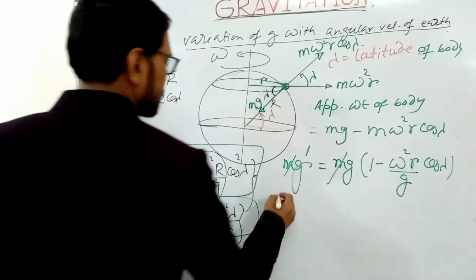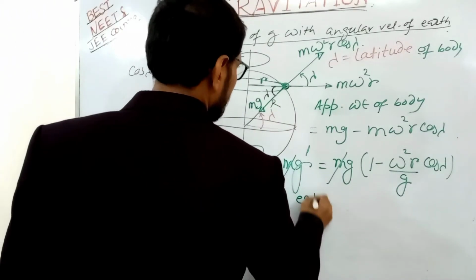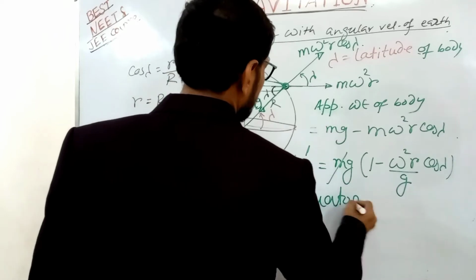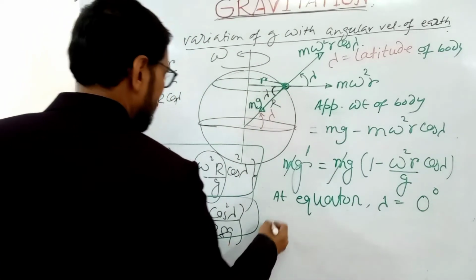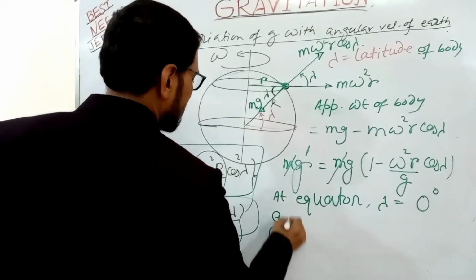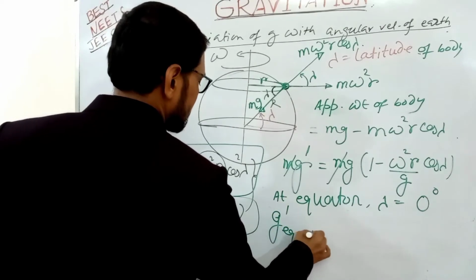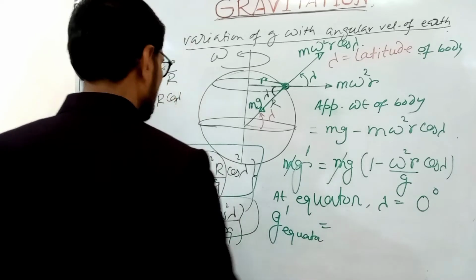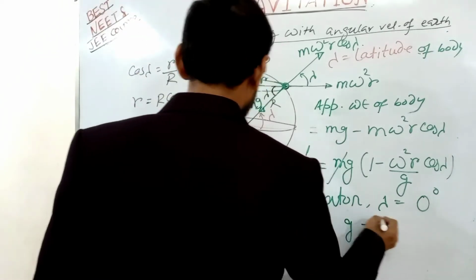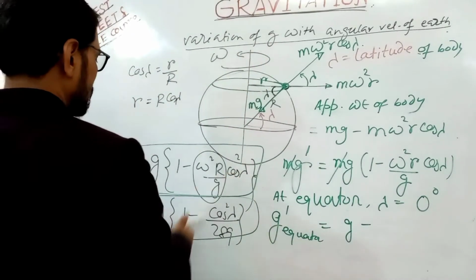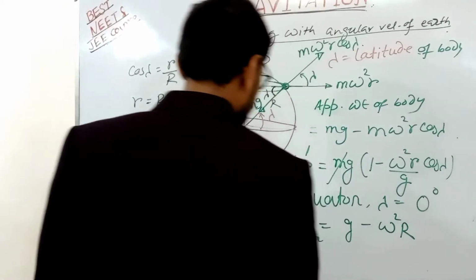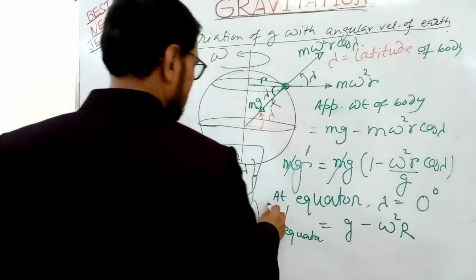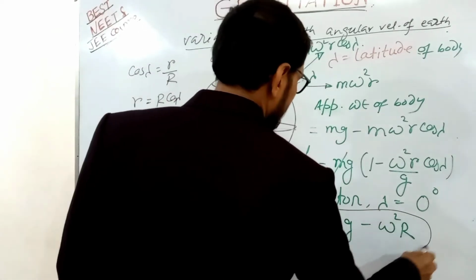Now at equator lambda equal to 0, so the value becomes g at equator, g minus cos 0, so g minus omega square R. This is the value of g dash at equator.